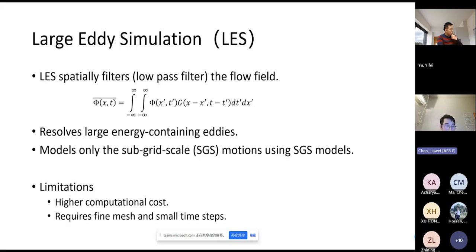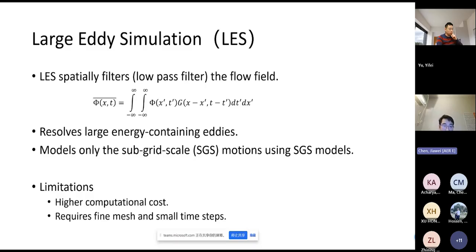As many of you know, LES is a computational approach that spatially filters the flow field using a low-pass filter, essentially separating large energy-containing eddies from smaller scales. While LES resolves these large eddies directly, it models the subgrid scale motions using subgrid scale models.